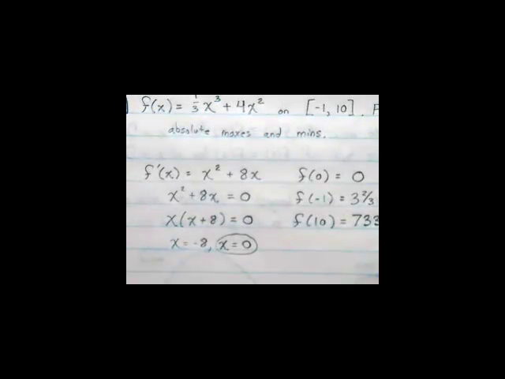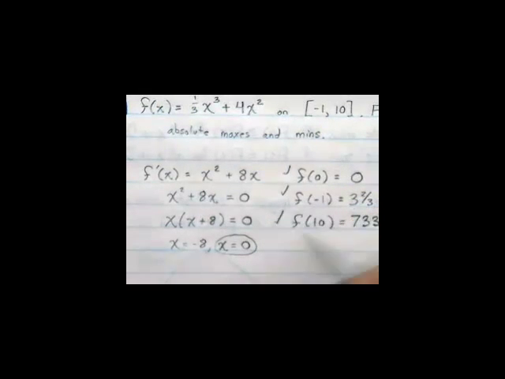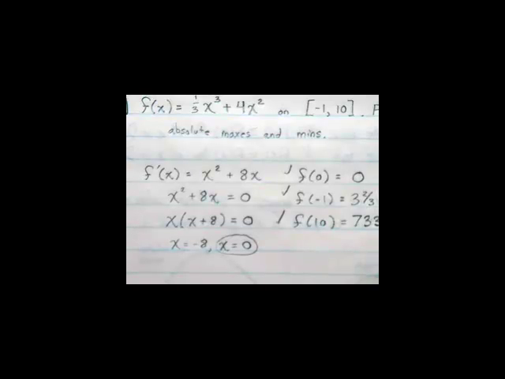Okay, so can we identify what's a max, what's a min, what's local, what's absolute with these 3 points that we've identified as our points of interest? So what is each? First one is a minimum. It is absolute, right?